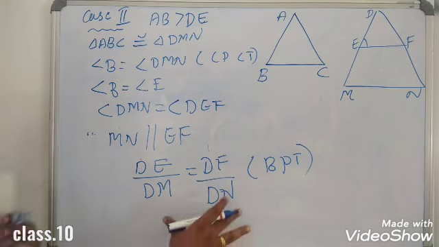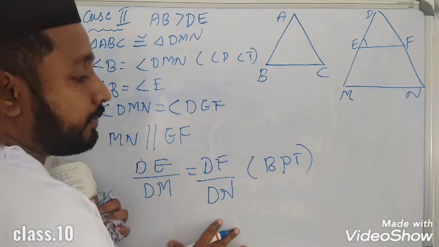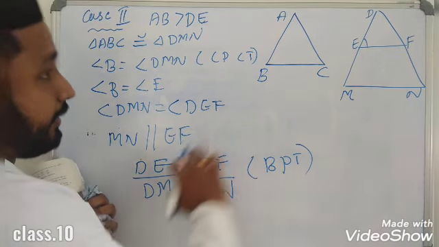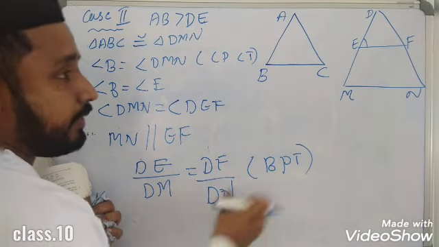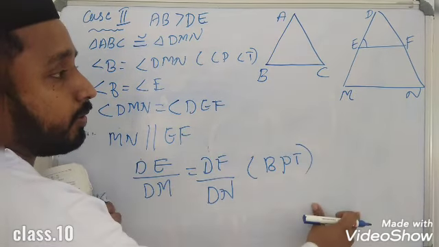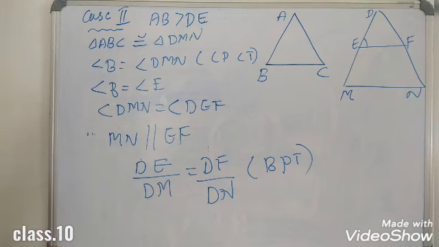This is one corollary of the basic proportionality theorem. Earlier we proved some corollaries. From that, DE by DM is equal to DF by DN.